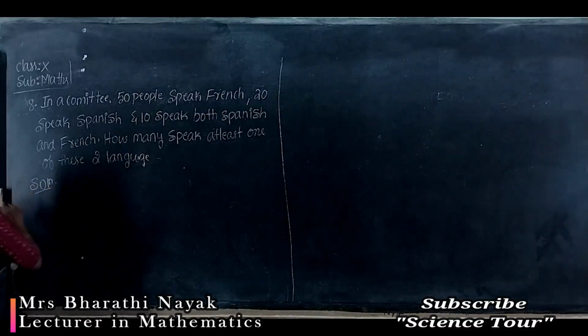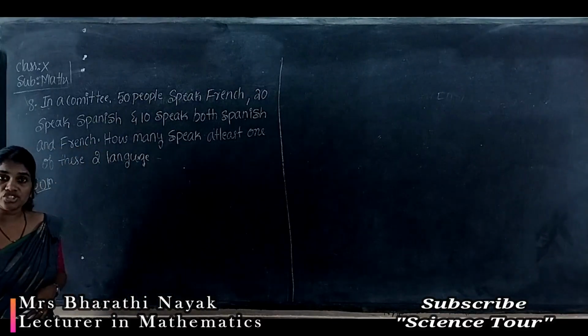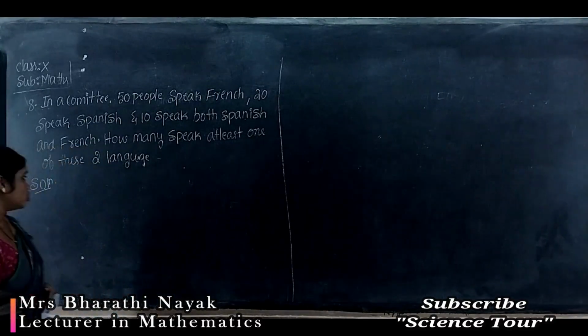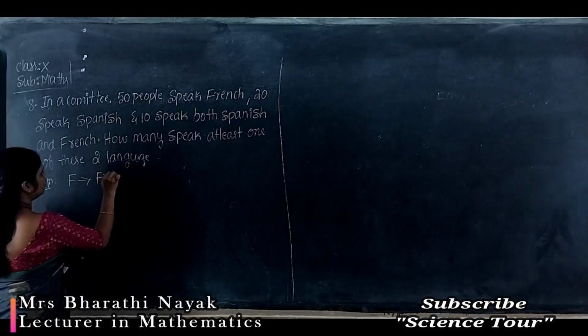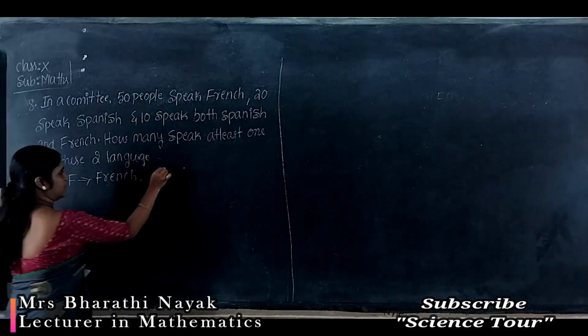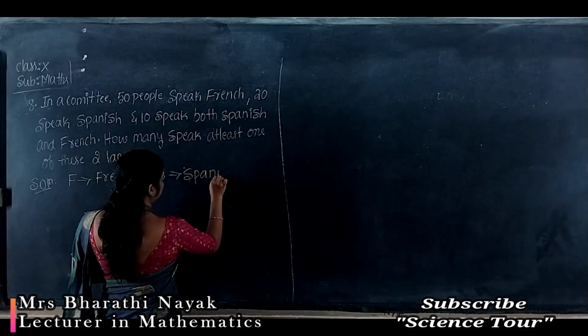Solution. Here they have discussed two languages, French and Spanish. So I'll use the symbol F to indicate French and the symbol S to indicate Spanish.